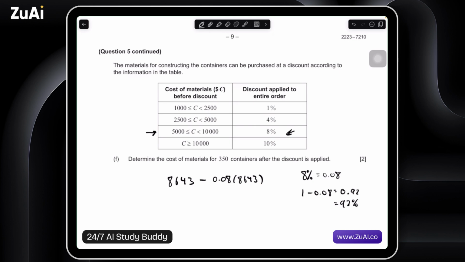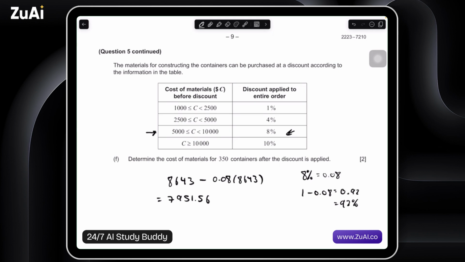So we only pay 92% of the price because we're taking 8% away. If you're more comfortable with this, either way, I'm going to go ahead and type in 8643 times 0.92. This is going to give us a value of $7,951.56.